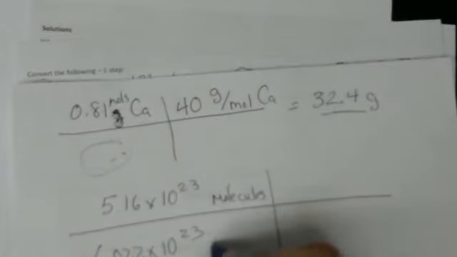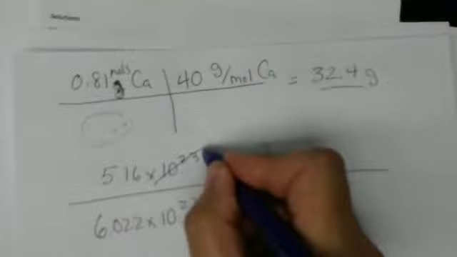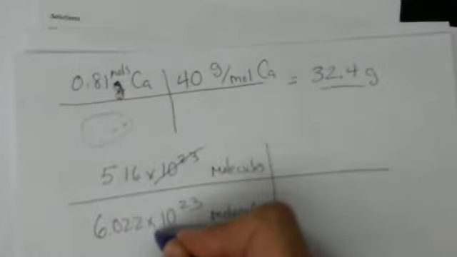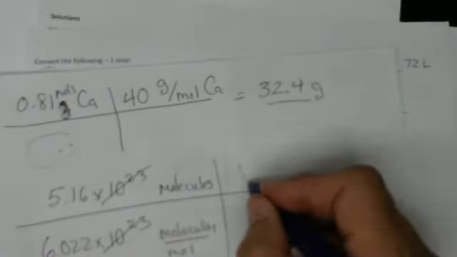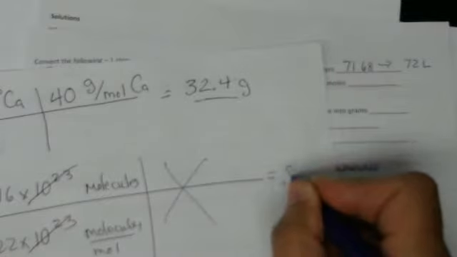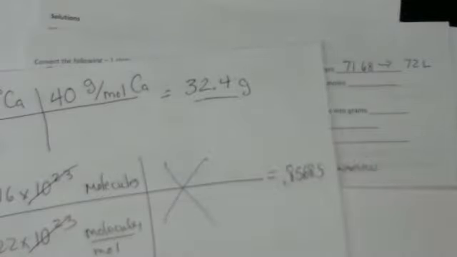So molecules per mole. I'm lazy, so I know times 10 to the 23 on the top and times 10 to the 23 on the bottom, I can cross those out. So 5.16 divided by 6.022, and I get 0.85685.